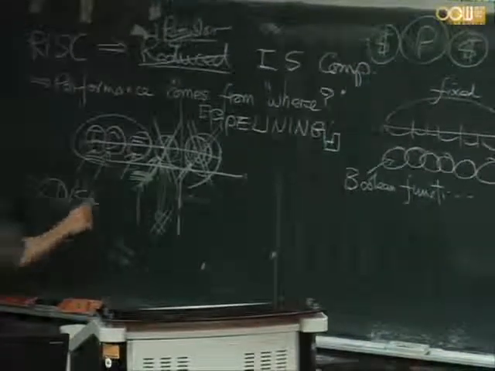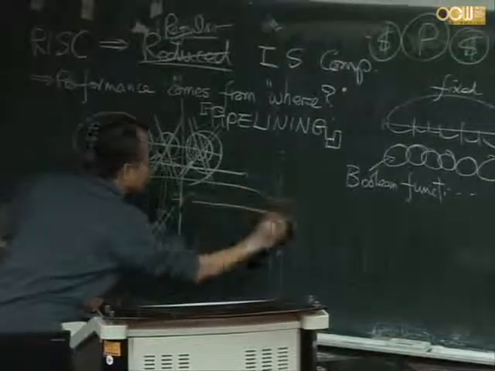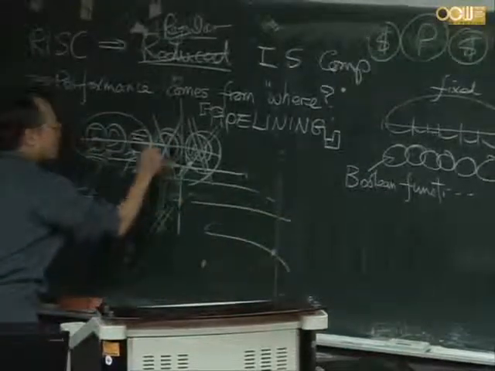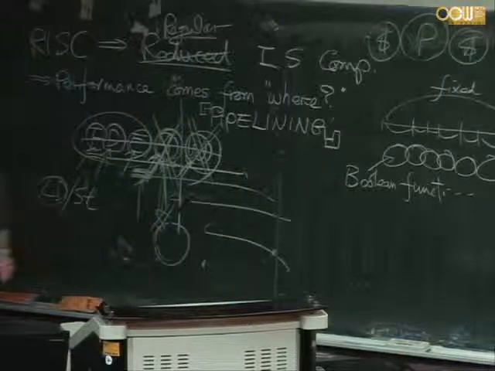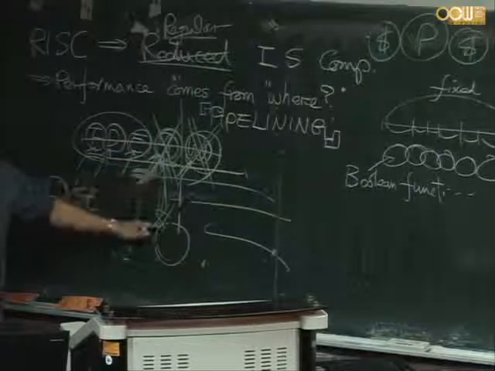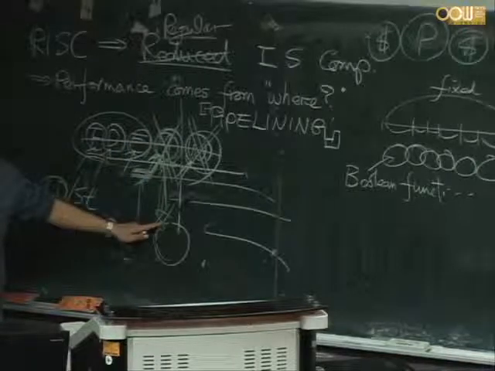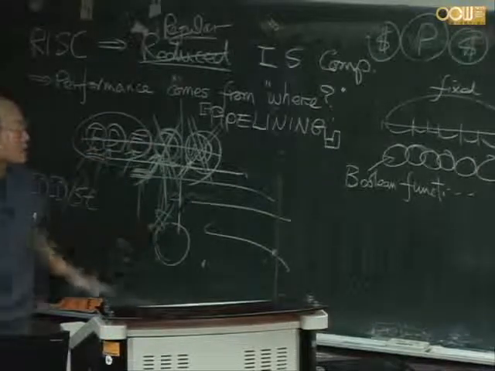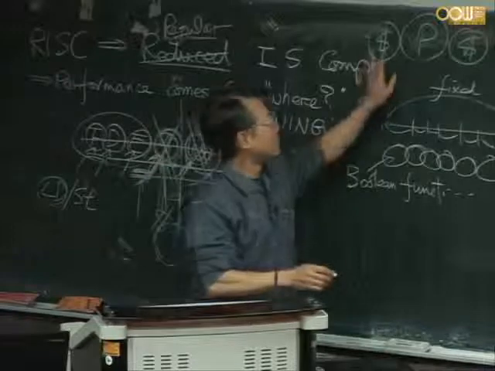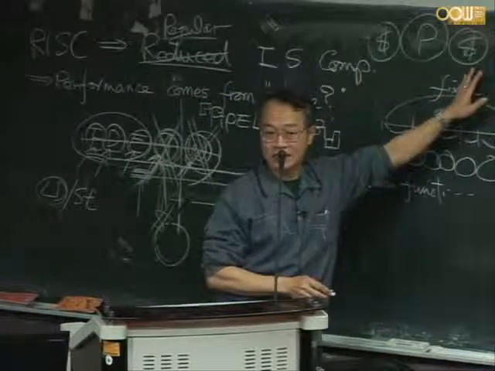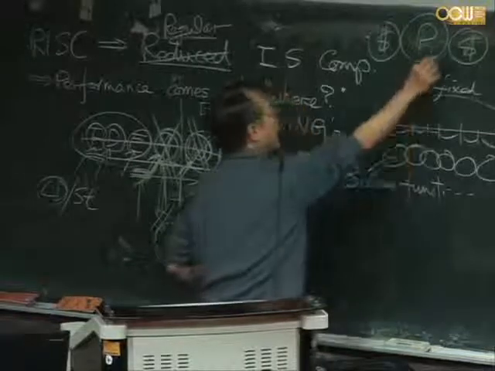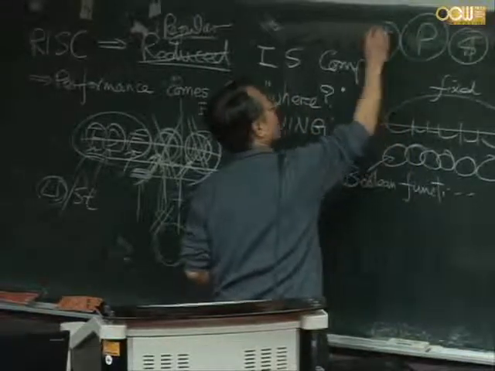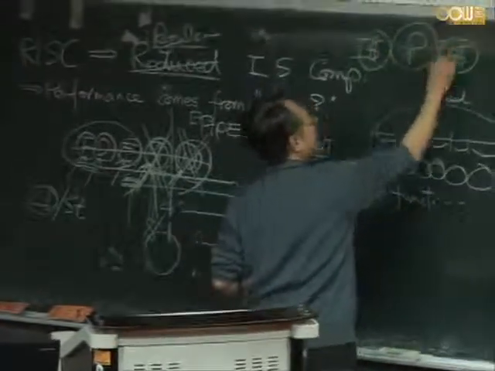And when you pipeline them, then every memory access will conflict with the instruction access. And 40% of the time you'll get a conflict, right? So it is a better idea to have both caches to avoid these conflicts. Okay, so usually we give it 2 caches. One is instruction cache and the other is data cache.